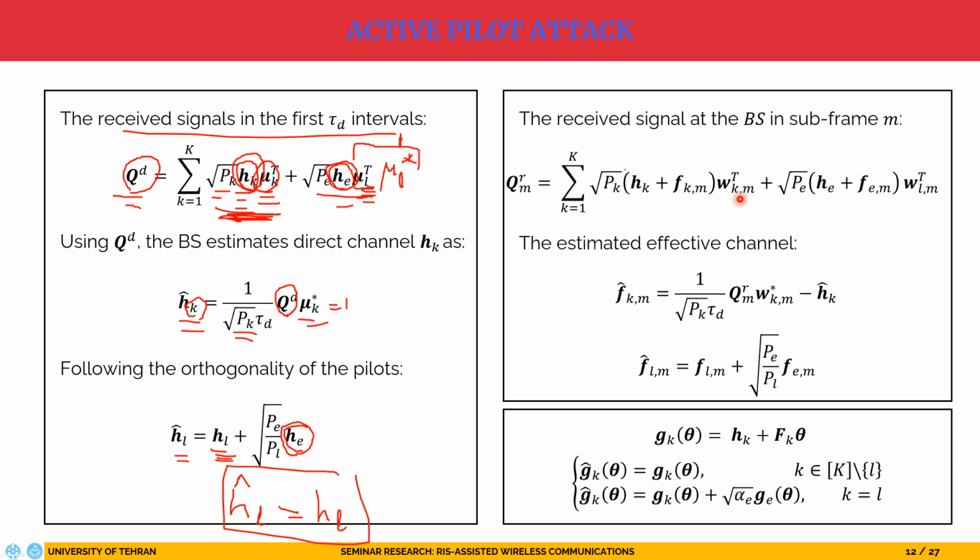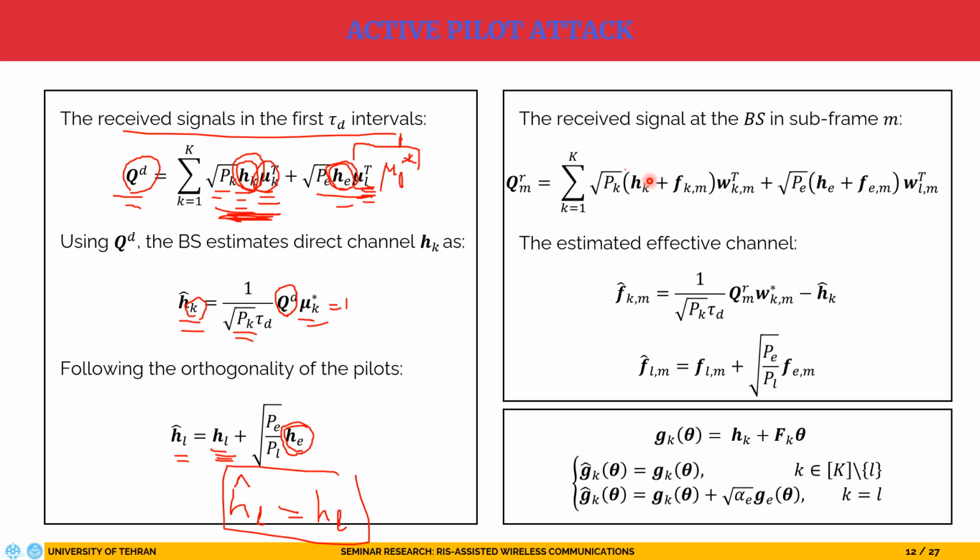Here, also the orthogonality still exists, and by multiplying WL to this term, the answer is 0, because K is not equal L. But for the case where the signal is for user L, by multiplying WL, it equals 1, and also this is 1.